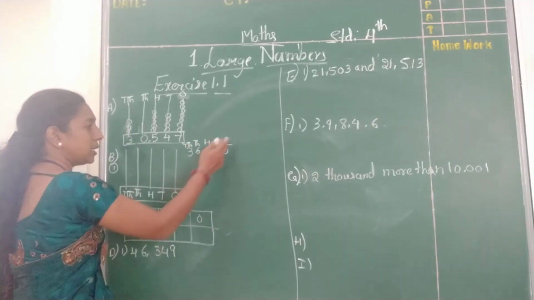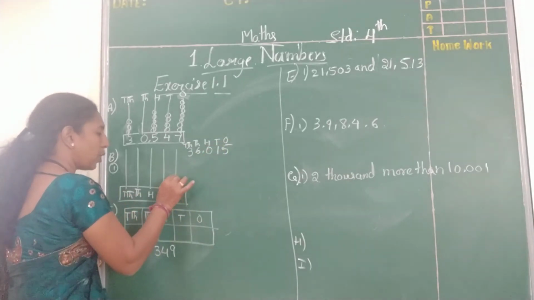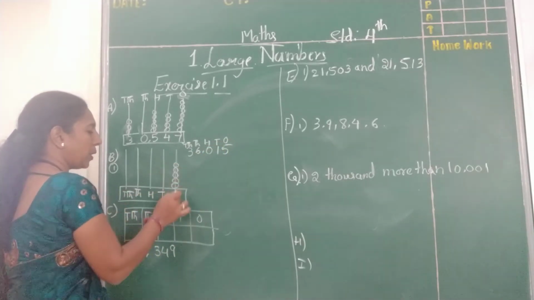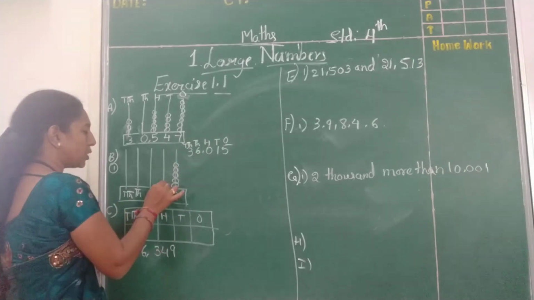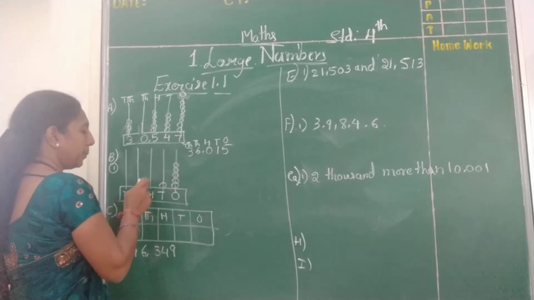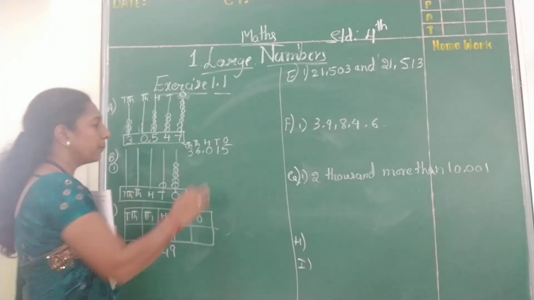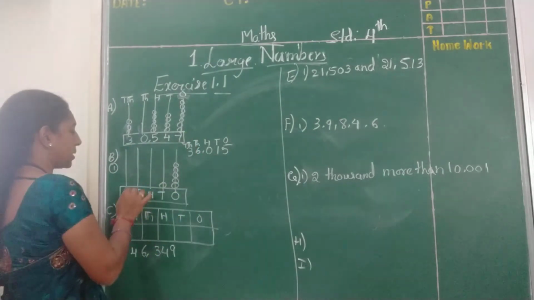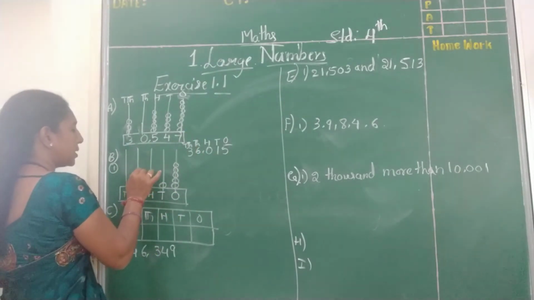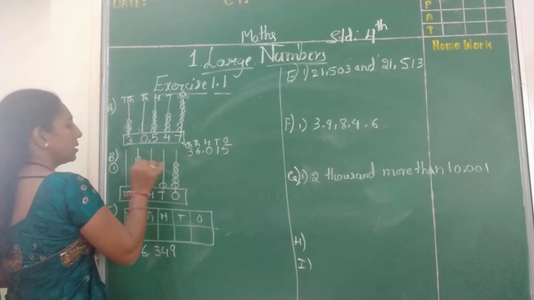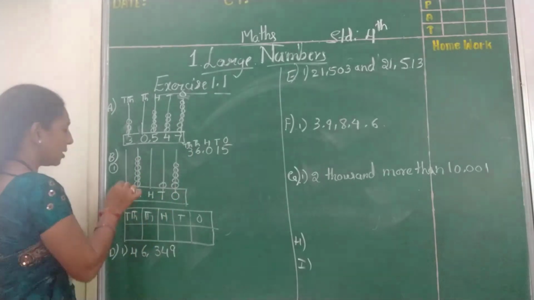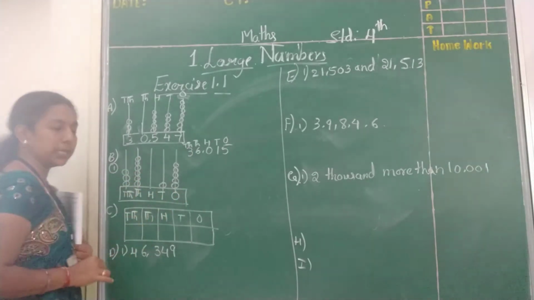Now 5 means in the ones place, so I have to draw 5 beads in the ones place, and in the tens place 1, and in the 100 place no, 0 means nothing, and then the 1000 place 6. We draw 6 beads, and in the 10,000 place 3. So we have to draw 3 beads here.